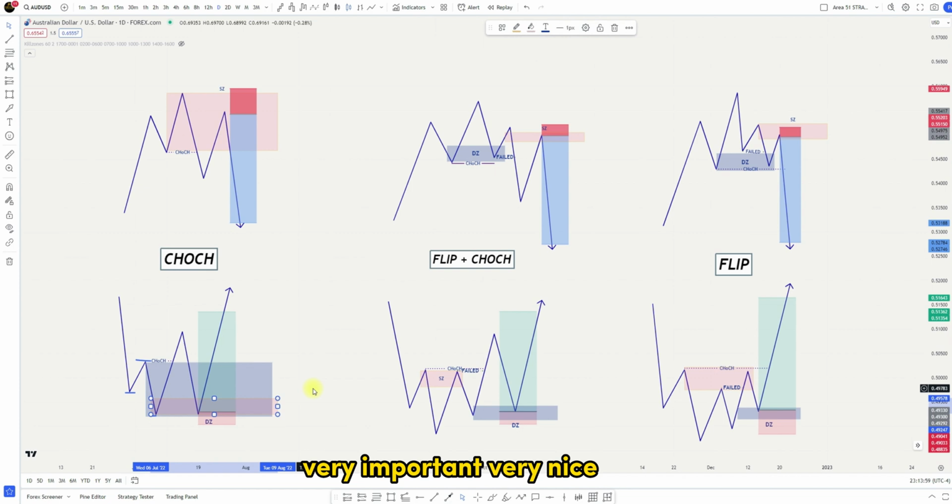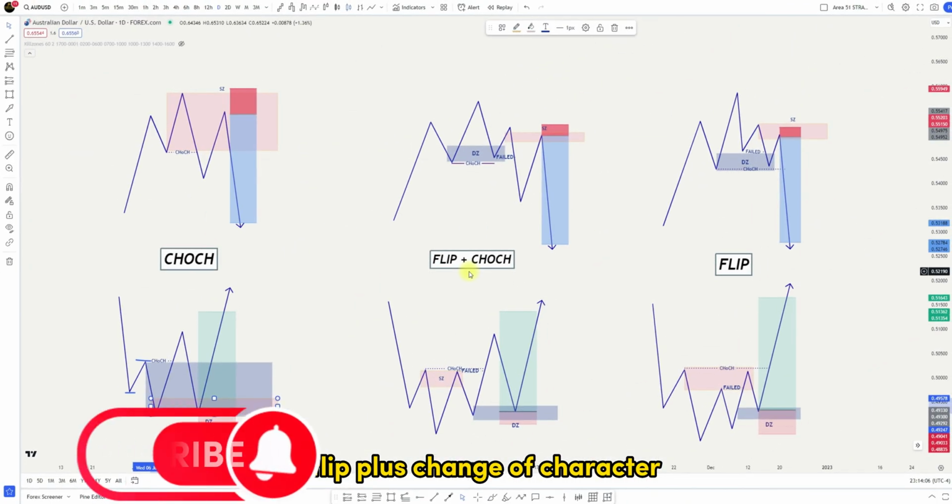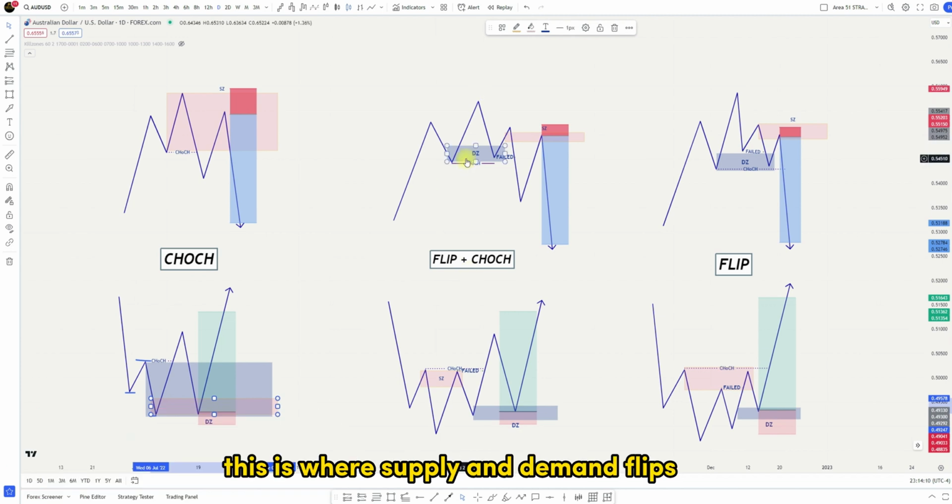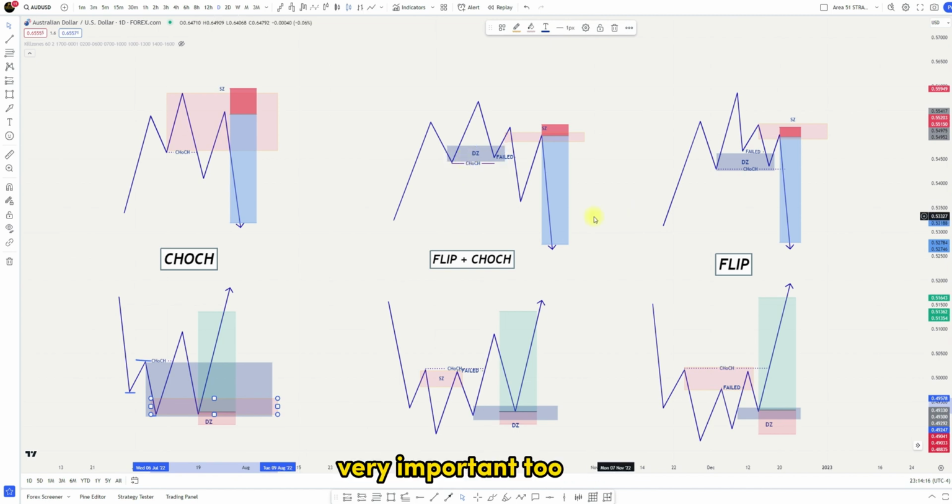Very important. Very nice. It happens most of the time. And the second one, which is very, very important, is the flip plus change of character, or the flip plus CHoCH. This is where supply and demand flips. This is where demand turns into supply and supply turns into demand. Very important too.